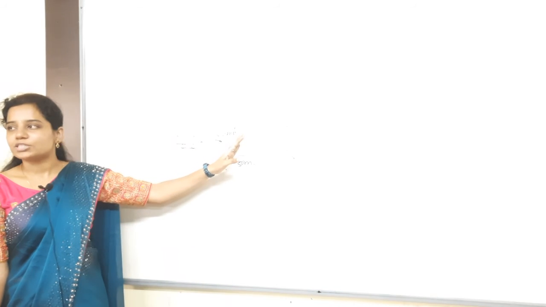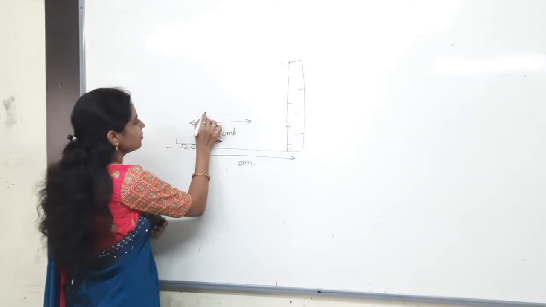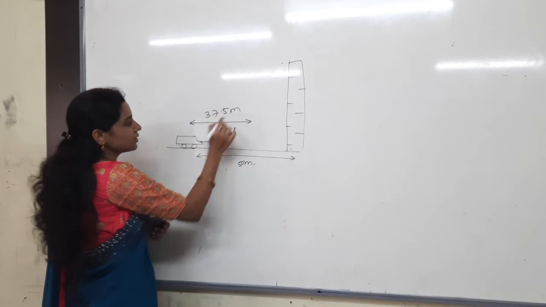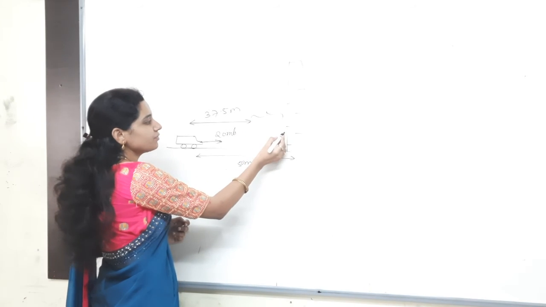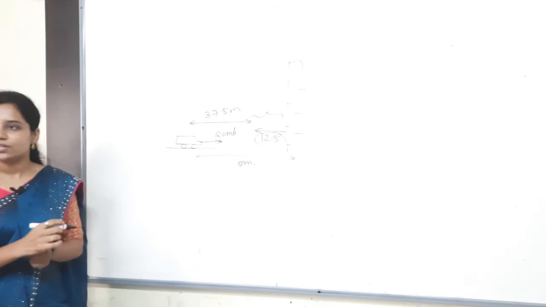With 5 meters per second square it travels 37.5 meters. In the last line of the question, you have to find the distance from the wall. From the wall how much distance is remaining? 12.5. Understand clearly?